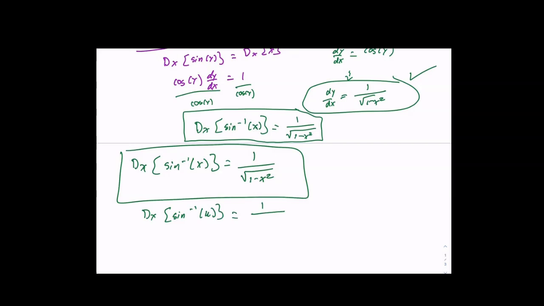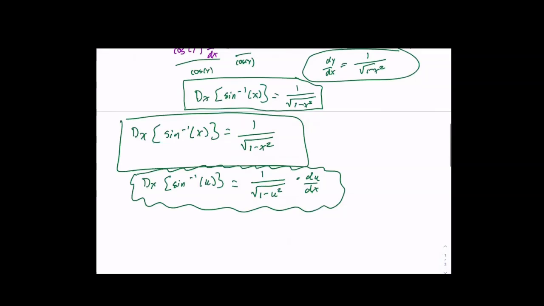So it's 1 over the square root of 1 minus u squared times du dx. So if it's not x, you do the same thing times the derivative of that. And like I said, it's a memorization piece.